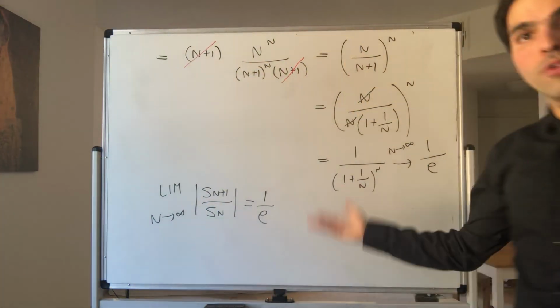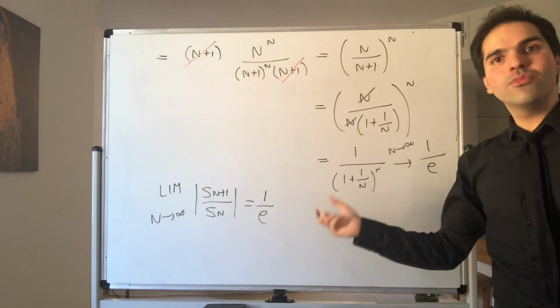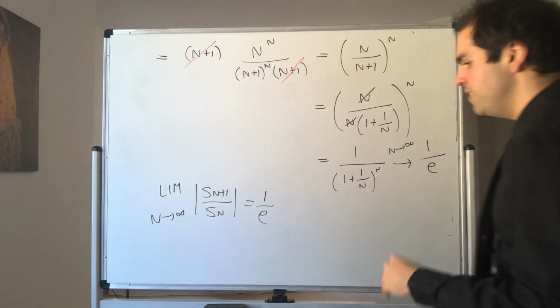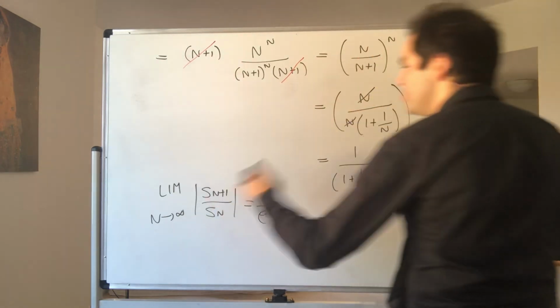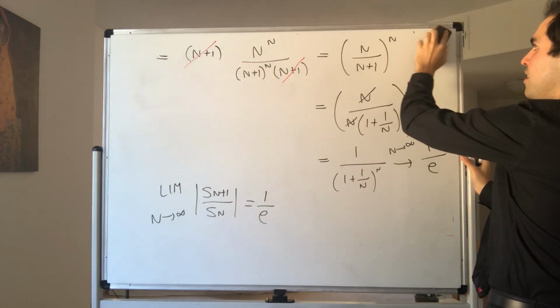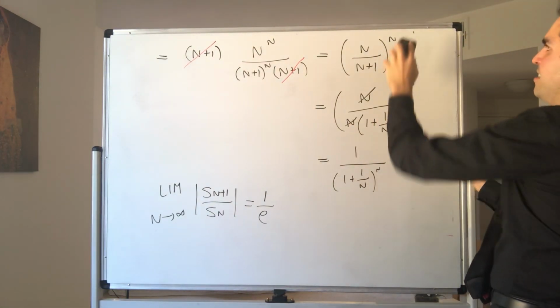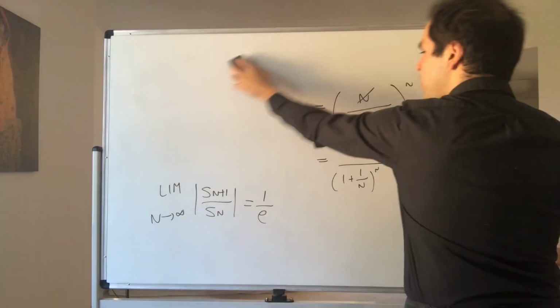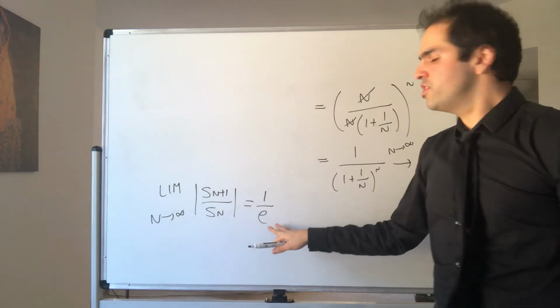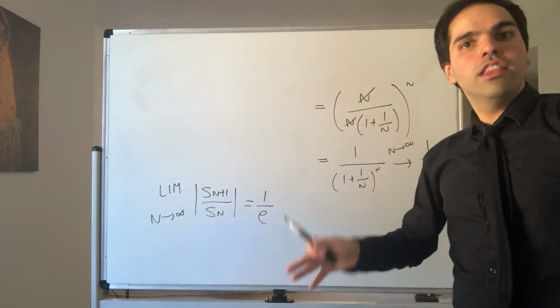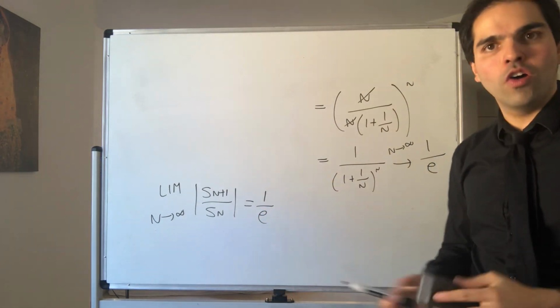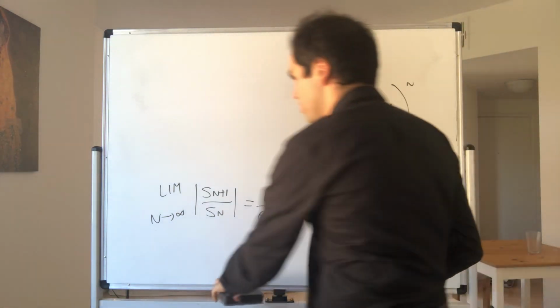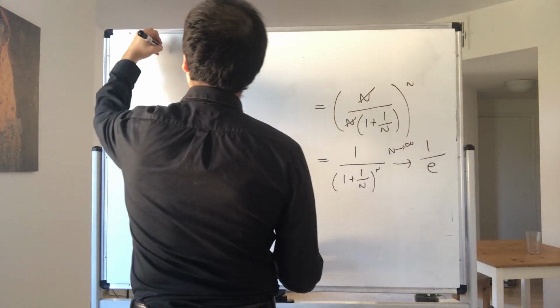And then we'll conclude that actually the limit we started with is 1 over e, but for this we need to use the pre-ratio test. So what do we have? Here's the thing, this limit is 1 over e, so the lim sup and the lim inf are also 1 over e. So that was, I think I called it the lim sup squeeze theorem.